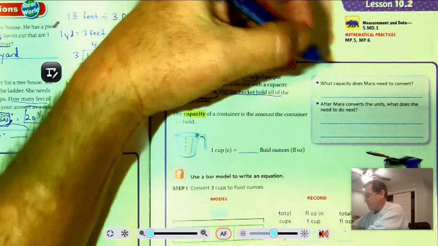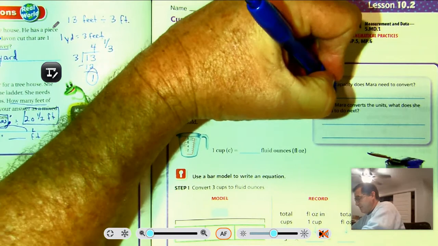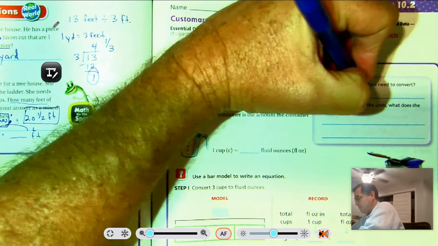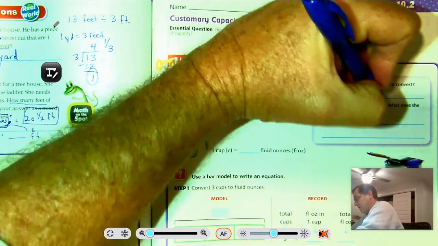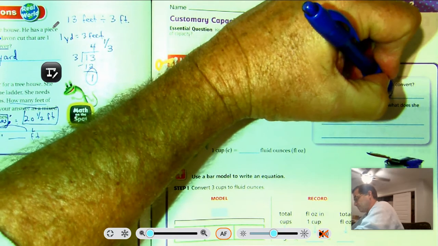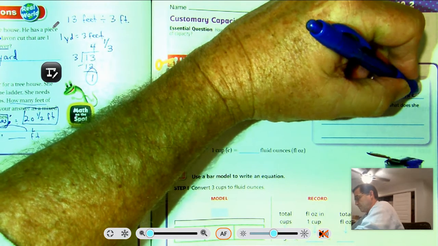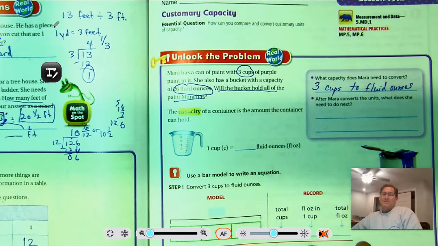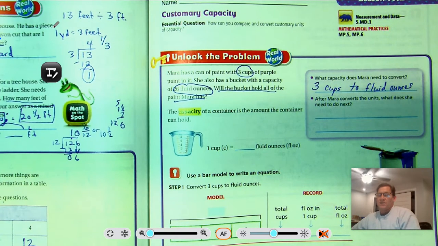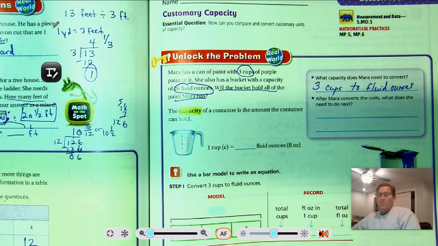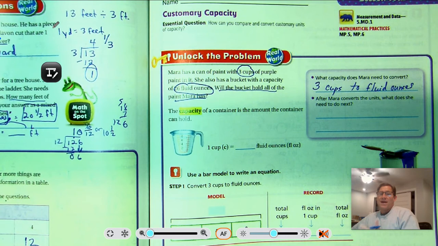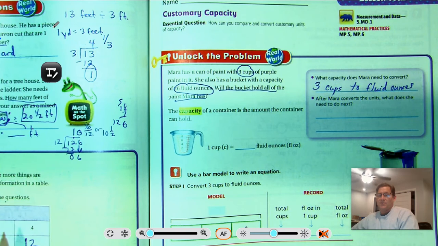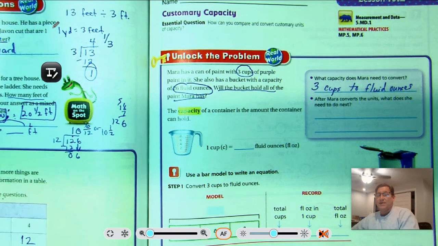So what does she need to convert? She needs to convert 3 cups to fluid ounces. And then it asks us, after she converts the units, what does she need to do? Well, we're going to have to compare that amount to the 26 fluid ounces, to the capacity of the bucket.